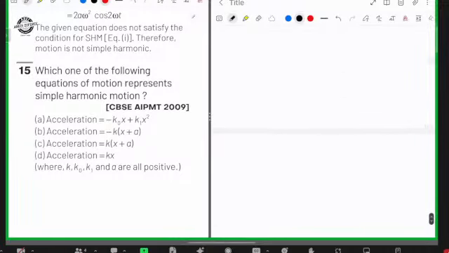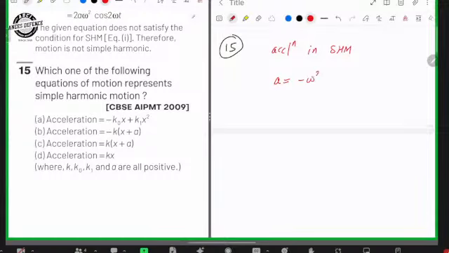Question number 15. Which one of the following equations of motion represents simple harmonic motion? Now tell me which equation represents simple harmonic motion. All the options contain acceleration. What is the acceleration in SHM? Acceleration in SHM can be written like this: a is equal to minus omega square x.